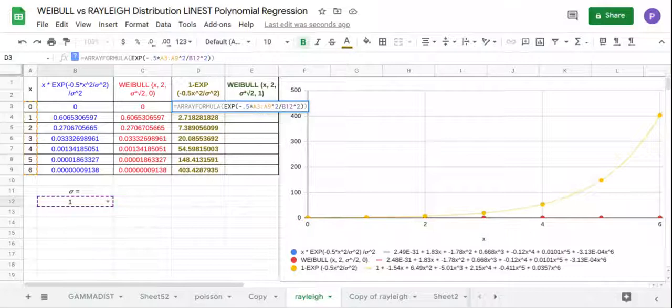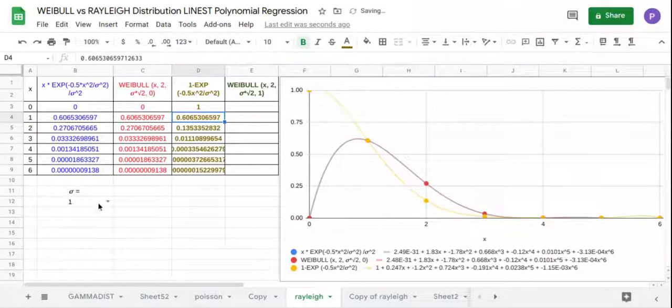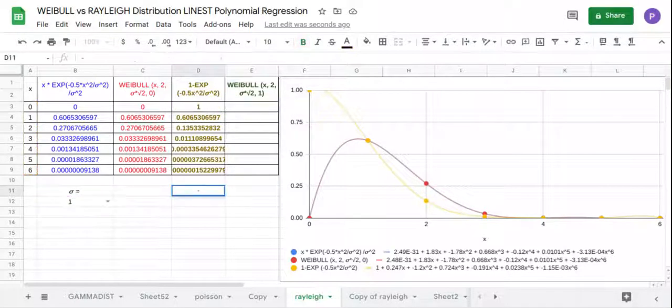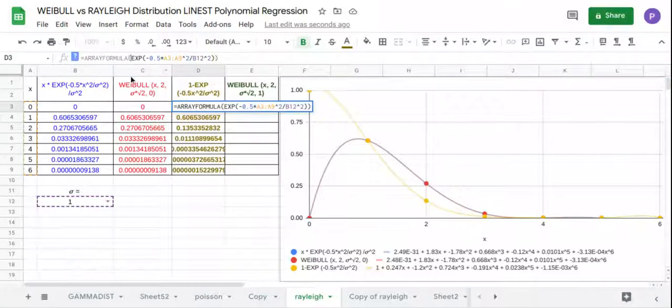That's the exponent. And we'll factor in 1 minus the exponent.